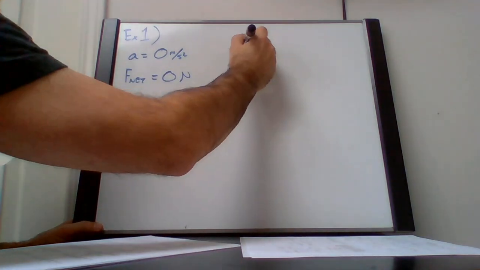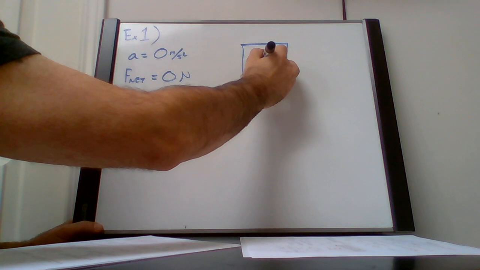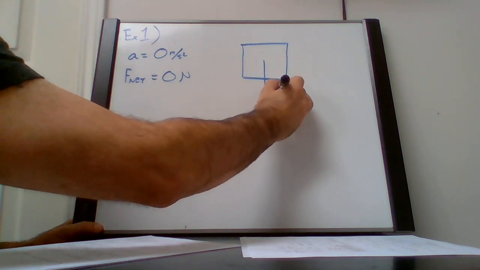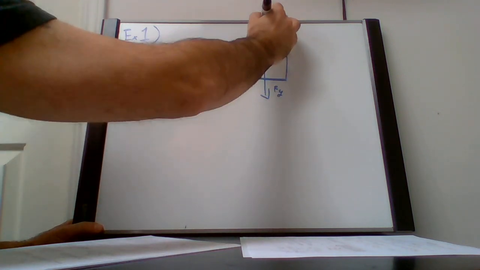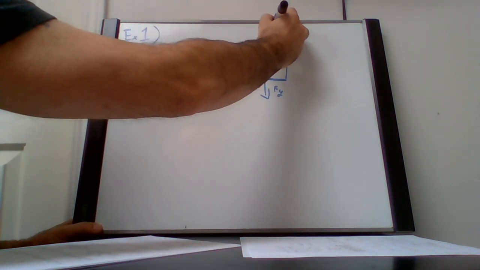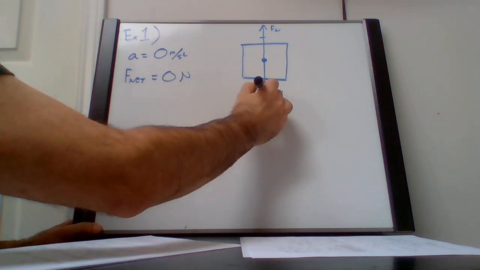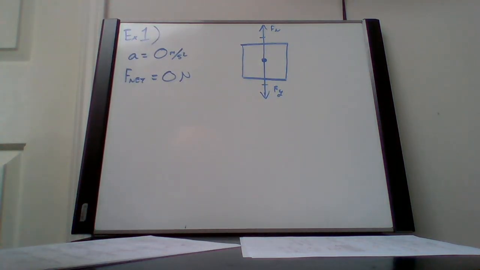So when we draw our free body diagram, our force of gravity, with a dot in the middle to keep it organized, and the normal force, I'm going to draw little lines on there because those two are equal and opposite in direction, since we have no net force in the vertical.